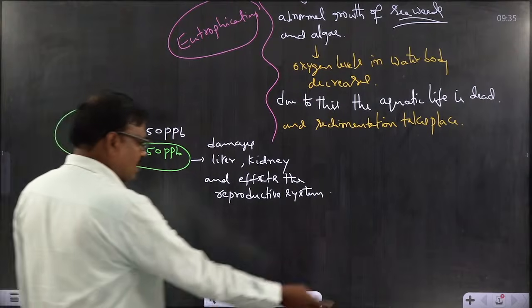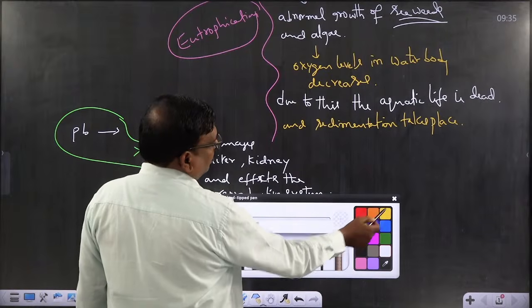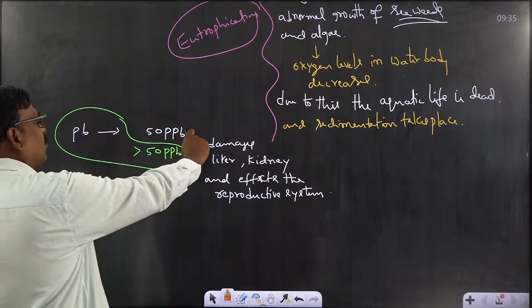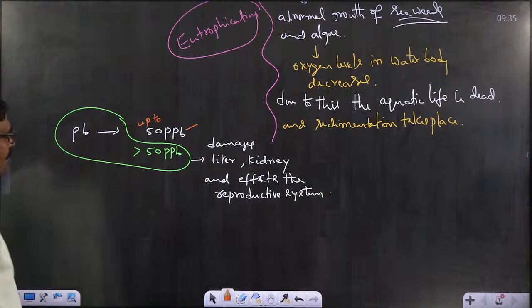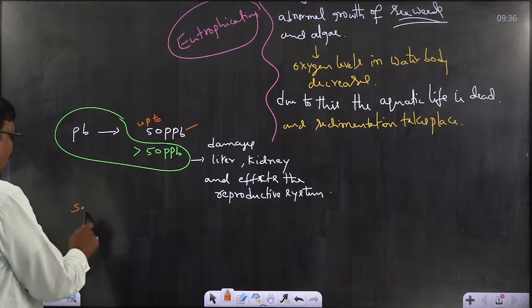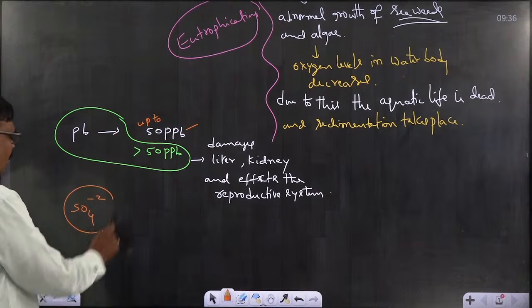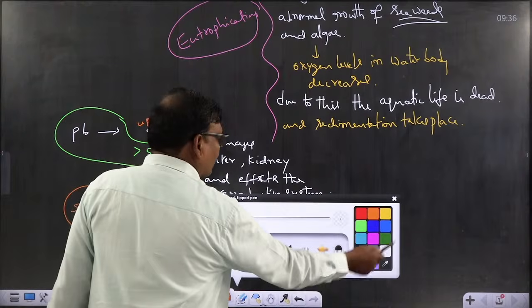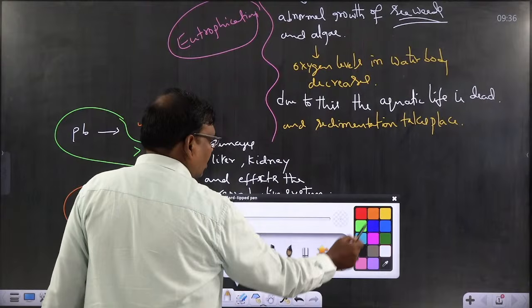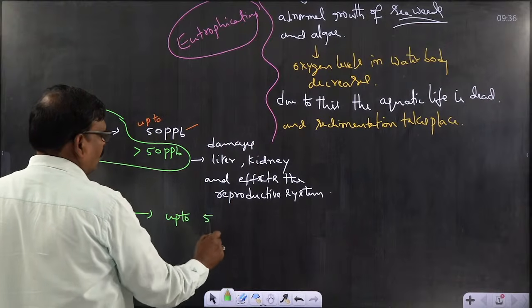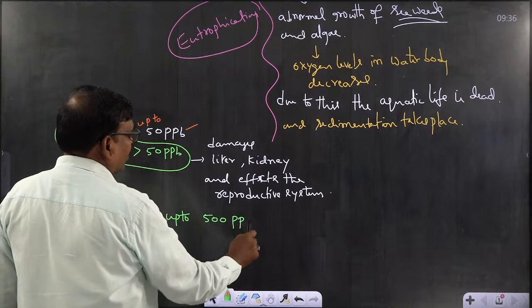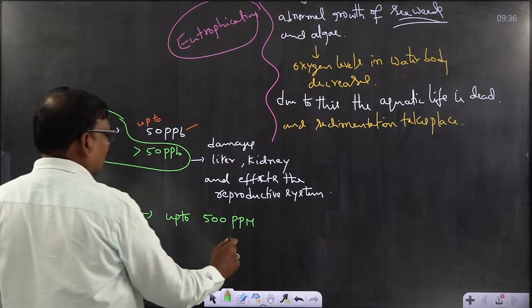So what about the permissible level of lead in water? Up to 50 ppb, there is no effect. But whenever its concentration is greater than 50 ppb, it causes liver damage, kidney damage, and affects the reproductive system. Coming to sulfates, the permissible level is only up to 500 ppm, parts per million.